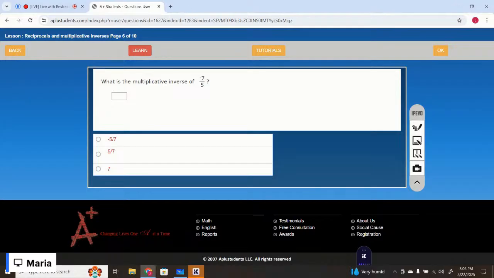What is the multiplicative inverse of negative 7 over 5? That is negative 5 by 7.